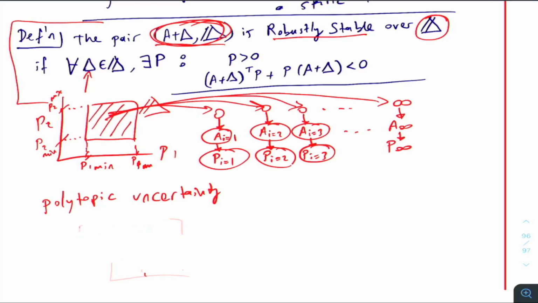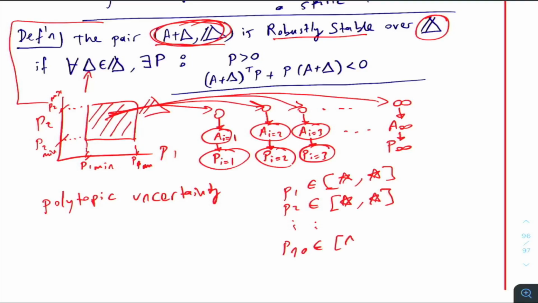Okay, let's say we have P1, P2, up to P10, and for every one of them, we have some minimum and some maximum. For P2, we have some minimum and some maximum, and again the same goes for the 10th term. This type of parameter or uncertainty representation is called polytopic uncertainty.